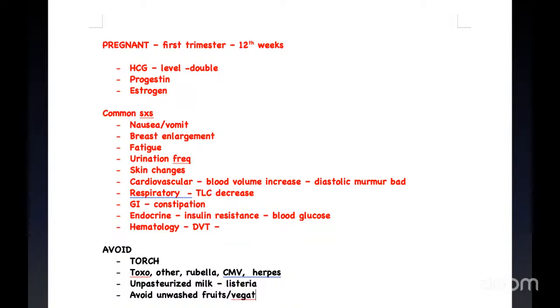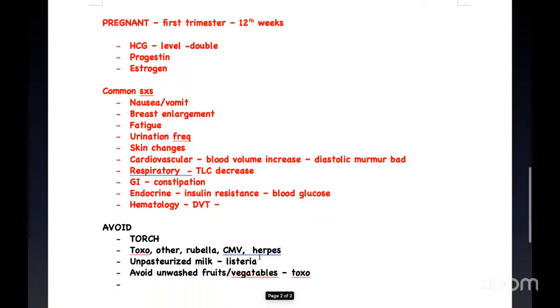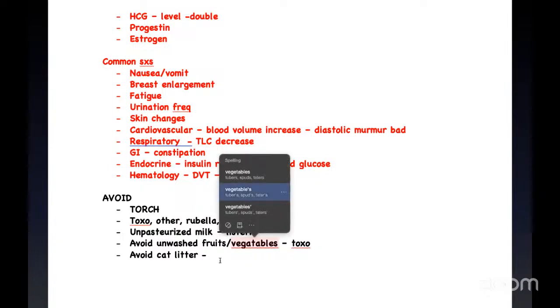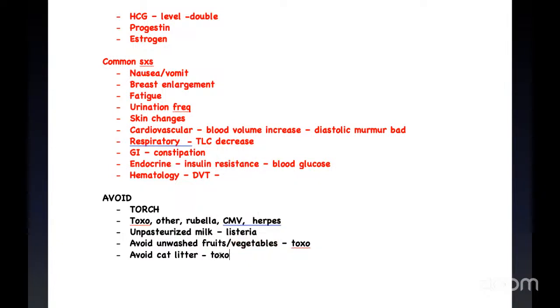This is because of toxoplasmosis, right? And then you should tell them to avoid cat litter. Not that they cannot have a cat, but they shouldn't handle the cat litter. Why? It's because of toxoplasmosis. So they can have a cat. Don't throw your cat away, but stay away from the cat litter.